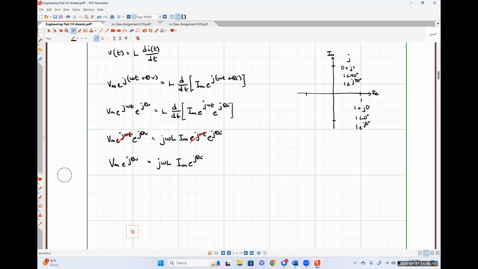Similarly, if we went 1 unit in the negative real direction, that would be -1, or let me do it up here actually. So -1, or -1 plus j0, or 1 angle plus or minus 180 degrees, or 1e to the plus or minus j 180 degrees.